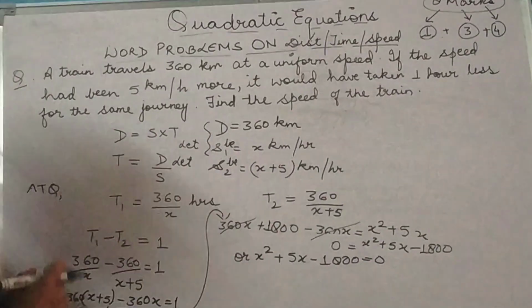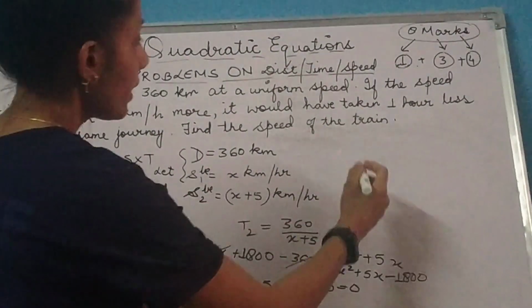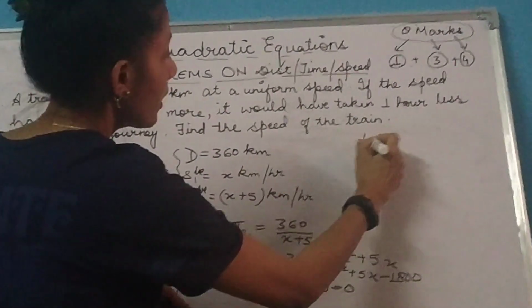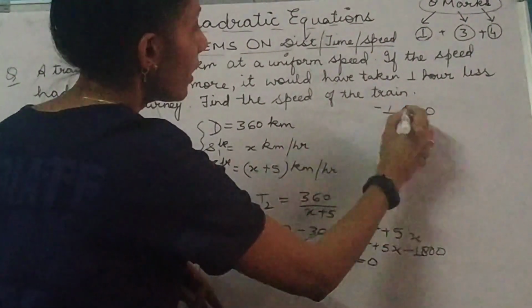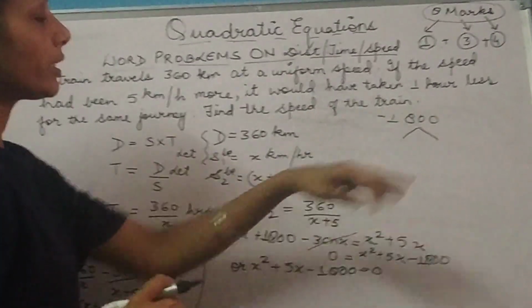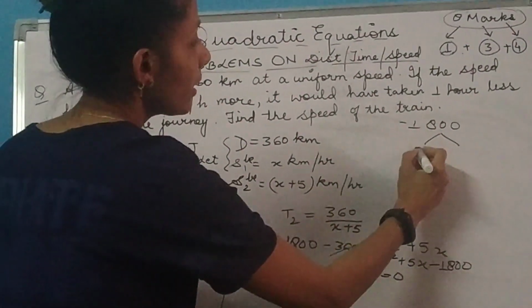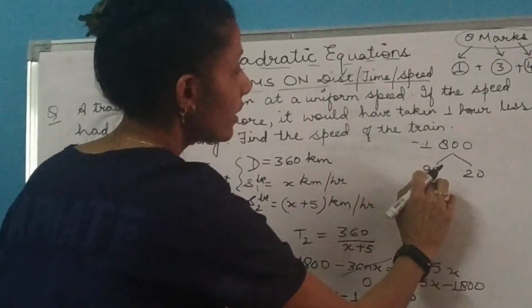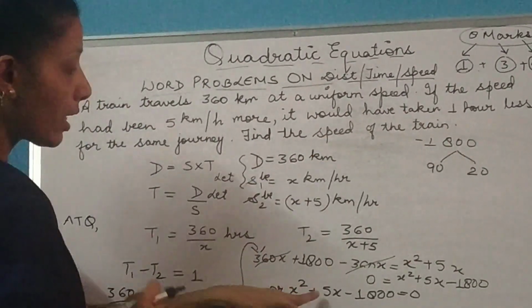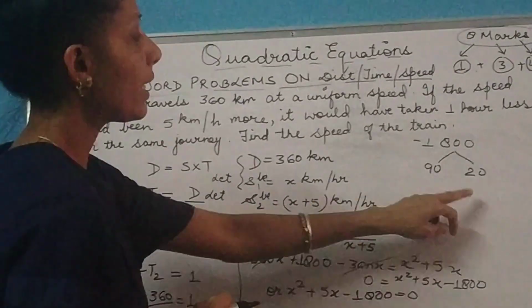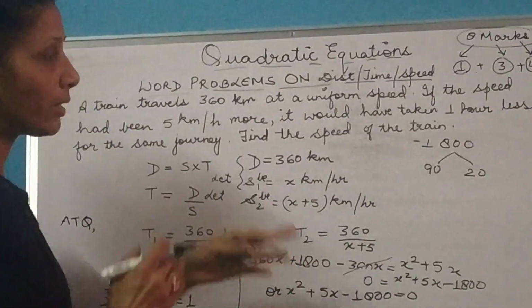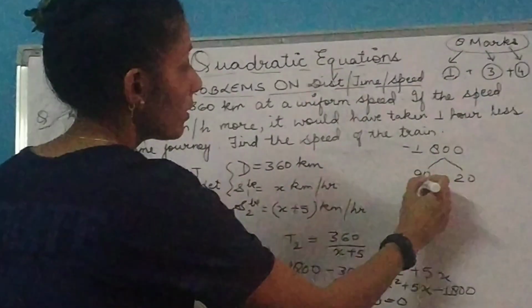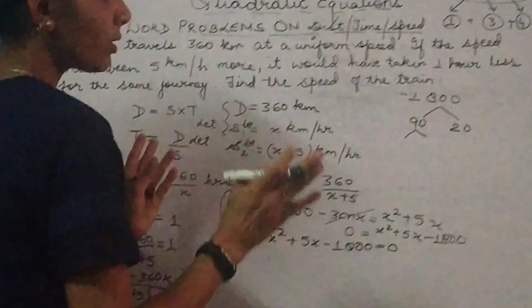Now you see my coefficient of x square is 1. So again I will be finding the factors of 1800. Now 1800 can be written as, say, 9 into 2 is 18, so I am giving it 90 into 20 is 1800. I want plus 5 here, but by adding or subtracting I am not getting 5. That means again I will be dividing this 90 into some other factors.